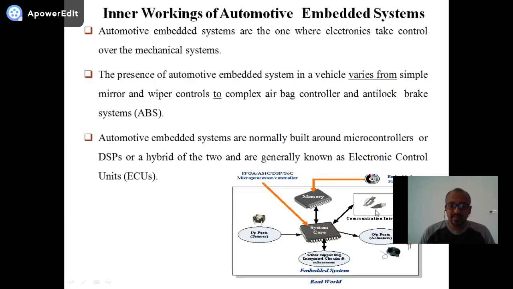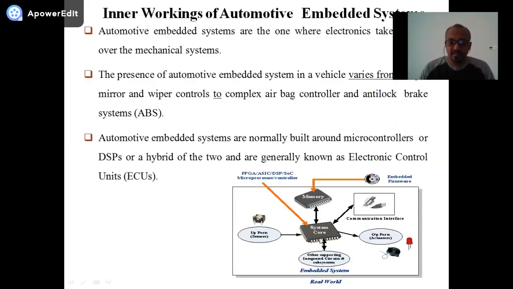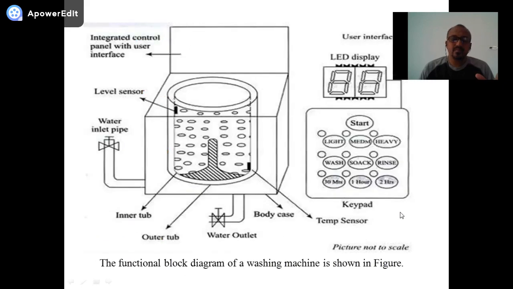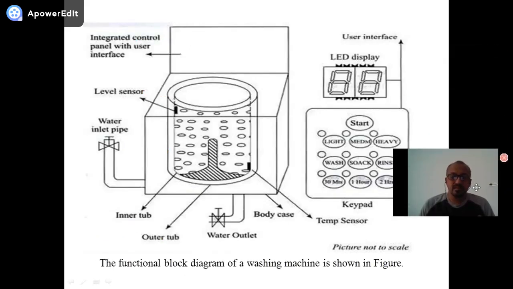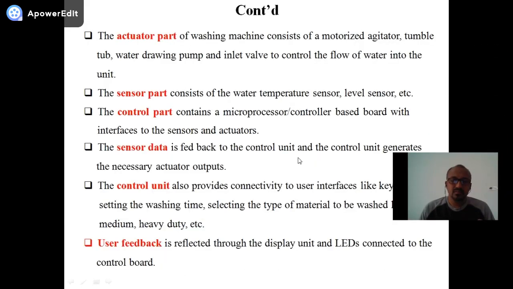In the background, the embedded control unit working in the washing machine is built around the system core and a memory, with sensors, actuators and communication interfaces. This will be explained in much more detail.